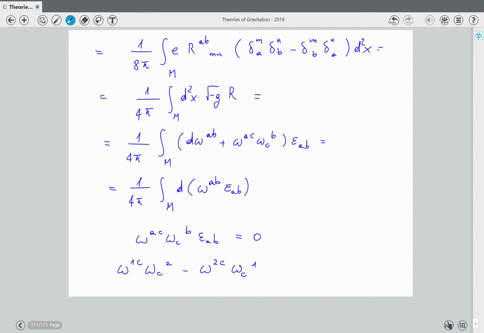But now here we have to use the metric compatibility, which was already in the assumptions of the Palatini action. Actually, I don't think we need to use the torsionless condition. No. But the metric compatibility, yes.